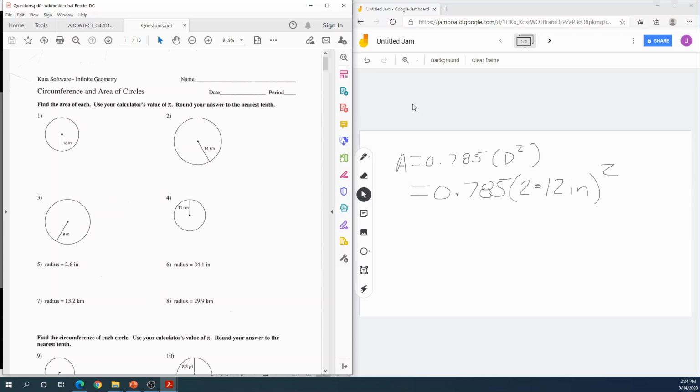So 2 times 12 is going to be 24 inches squared. So 24 squared times 0.785. This is going to get us 452.2 inches squared. And again, we're going to be tracking our units through all these problems.